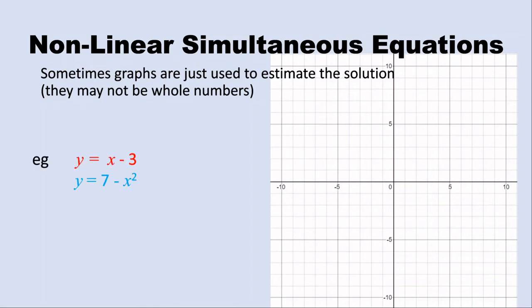You should notice that one of these equations is still a linear equation. The one in red is still a linear equation. And we can see from the format that the y-intercept is -3, so it's going to cross the y-axis down here at -3. And I can see that the gradient is +1. So every time I take one step out to the right, I go one step up.